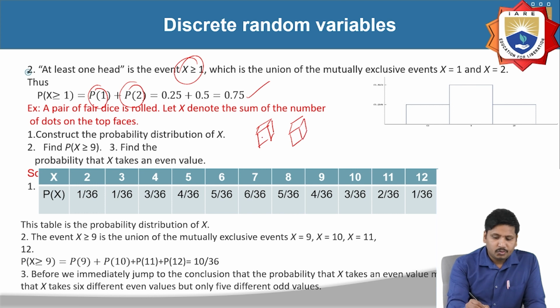The probability of getting 2: two dice are rolled, so this is 1 and this is 1, so this is 1 by 6 and this is also 1 by 6, where this is dice 1 and this one is dice 2. So for both dice, the probability of getting 2 is 1 by 36.